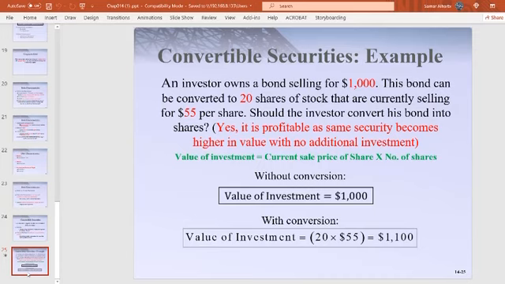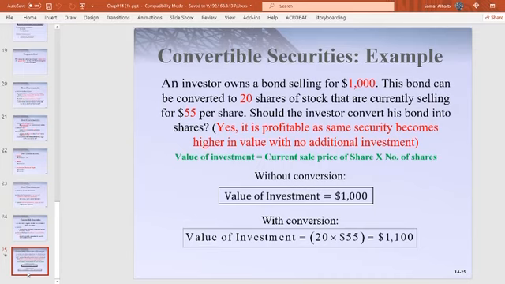Last slide. An investor owns a bond. Okay, so the investor has a bond. How much? $1,000. Now this bond can be converted, so there is always an option to do it. It says it can be converted to 20 shares of stock that are selling for $55 per share.